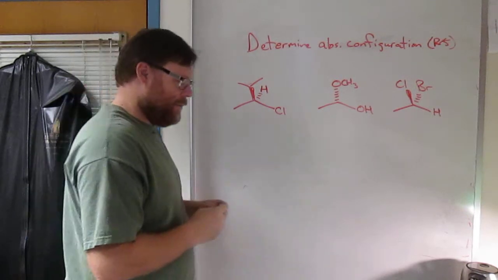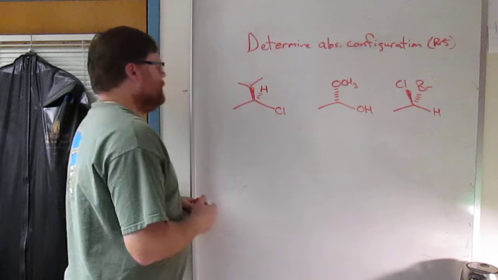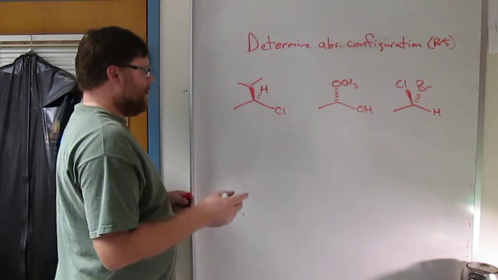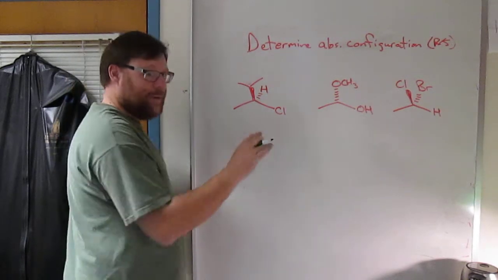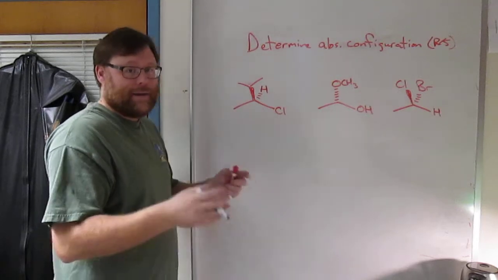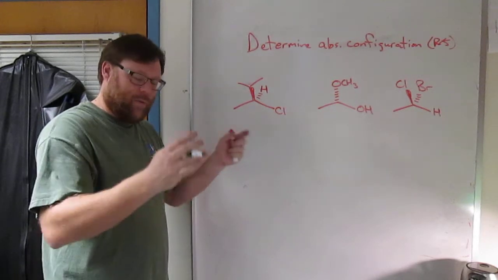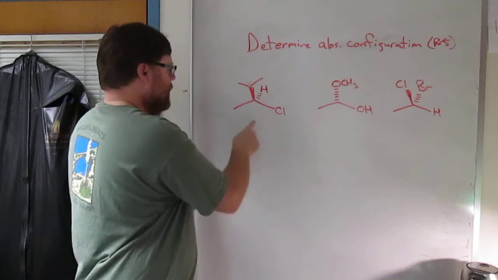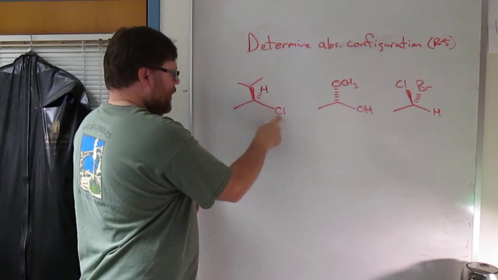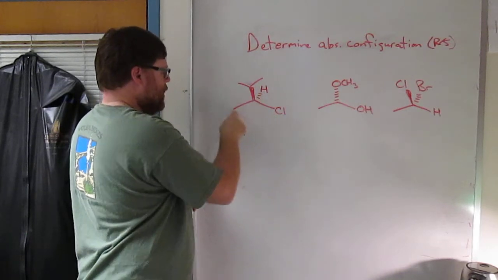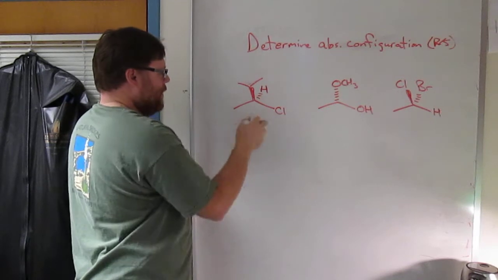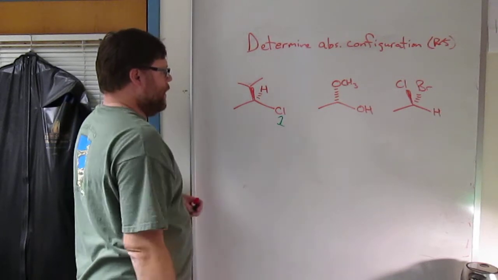All right, so now you need to assign priorities. Again, you do this by atomic weight. You go 1 atom at a time. This is simply bookkeeping. You're not worried about steric size or stability or anything like that. You're just going 1 atom at a time and looking at atomic weight. So we go from this carbon to chlorine, H, carbon, carbon. Chlorine's heavier than all of those. Chlorine is priority group 1.